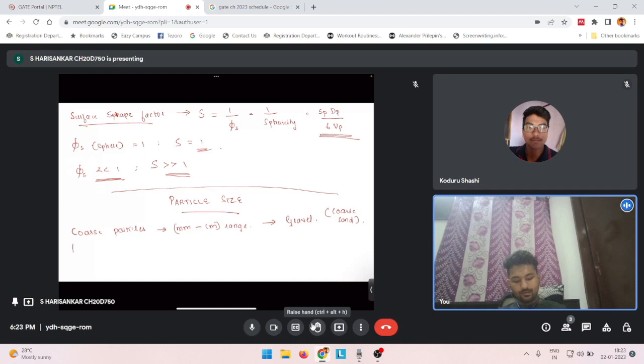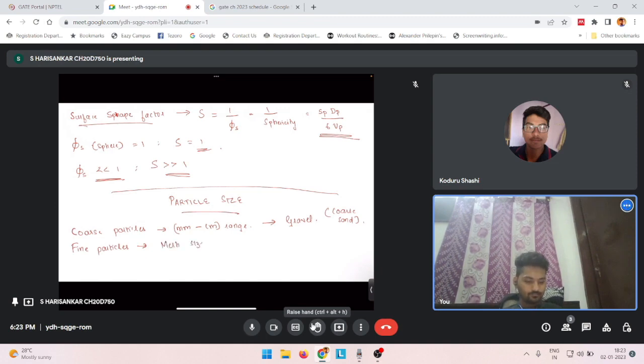And then come fine particles. By the name itself, these will be very small in size. And usually the size of these fine particles is defined with respect to mesh sizes. You must have come across something called a sieve.